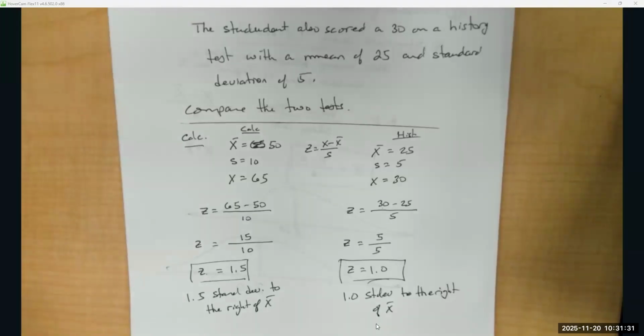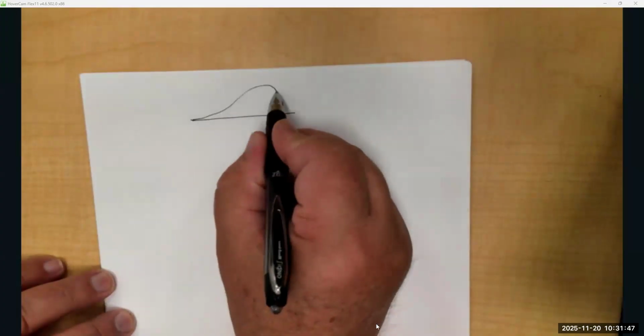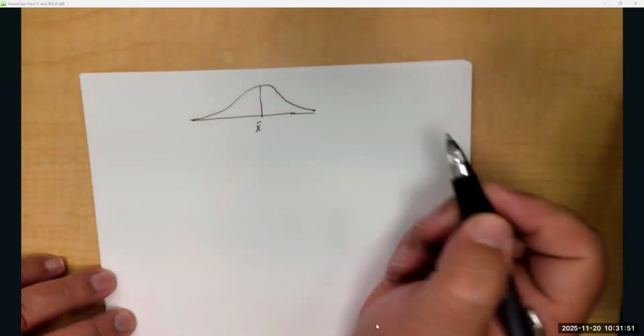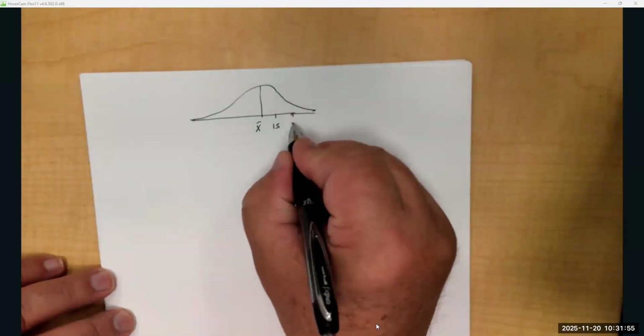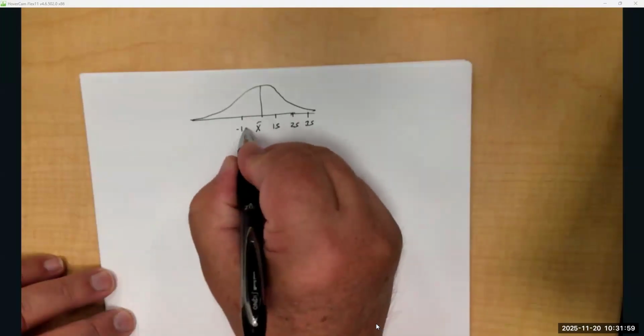Little offshoot here. With this one, since it's one standard deviation, we can tell what percent of the students this was smarter than. You want to see how? Remember when we talked about the bell curve? And we had 1 standard deviation, 2 standard deviations, 3 standard deviations in both directions.